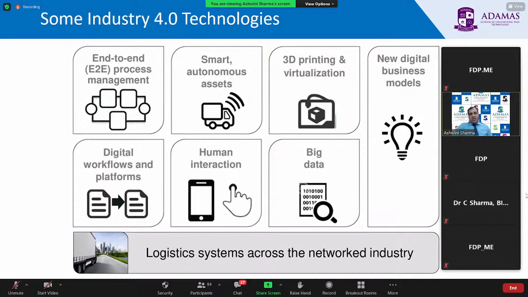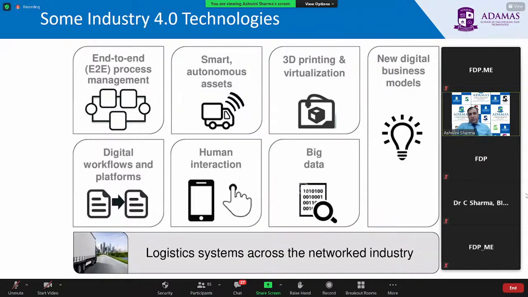Smart autonomous assets: right now we are using them for delivery in foreign countries, where something supplied to a household in online shopping mode is delivered without human intervention and the people collect it.